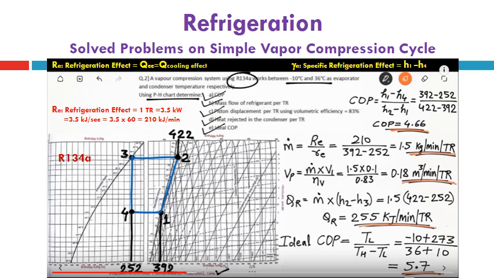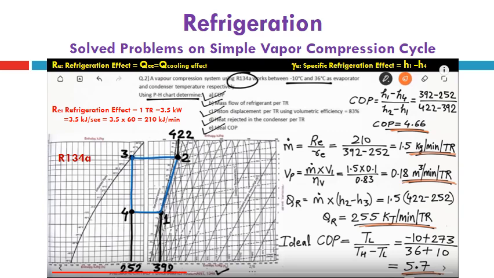We have got the COP, and I think it has increased compared with the previous problem, which was 3.66. If we replace the refrigerant, we get a COP of 4.66. Also, the mass flow rate of the refrigerant has been reduced from 1.9 to 1.5.